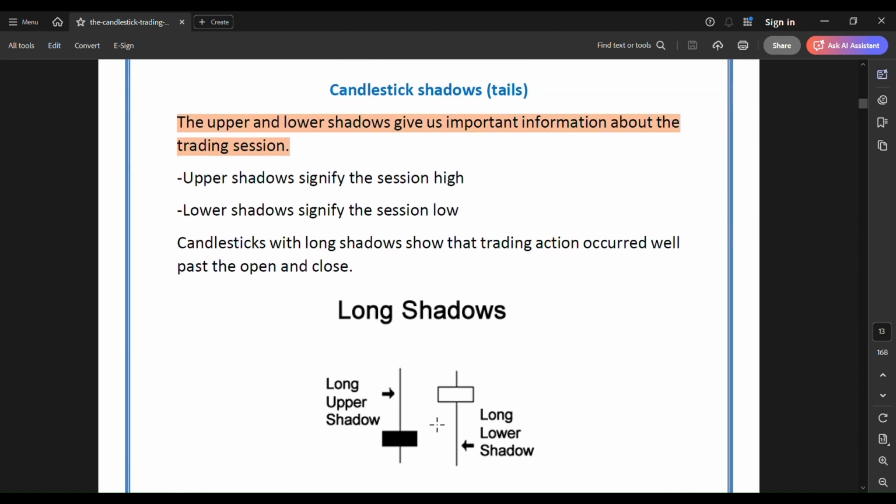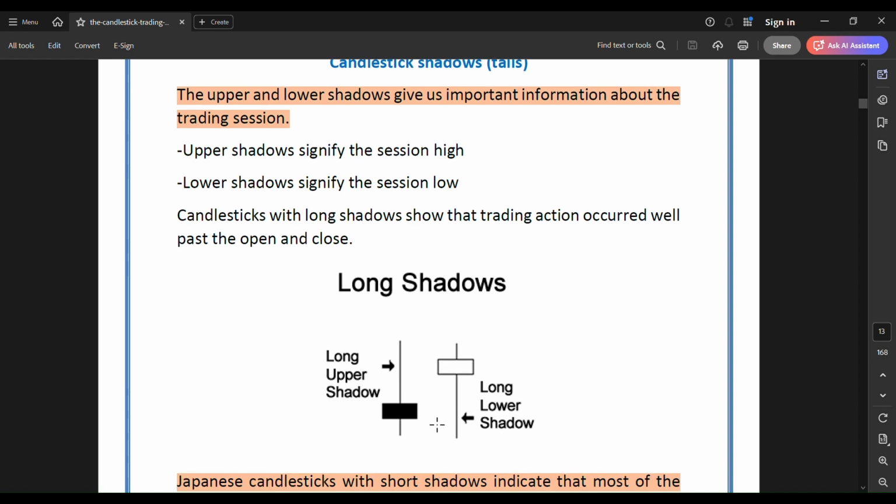So candlesticks with long tails, the upper and the lower shadows, give us important information about the trading sessions. If you've got a longer tail, or a longer shadow, or a longer wick, then it implies that there is rejection in the market and price consolidated in the areas that the body has.